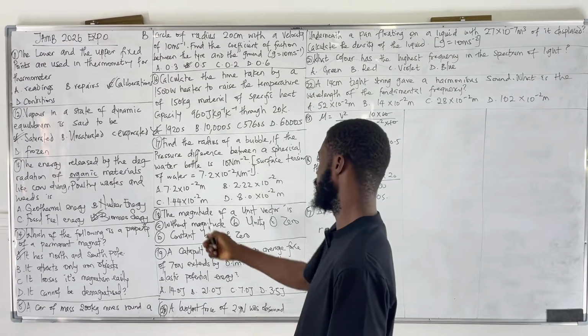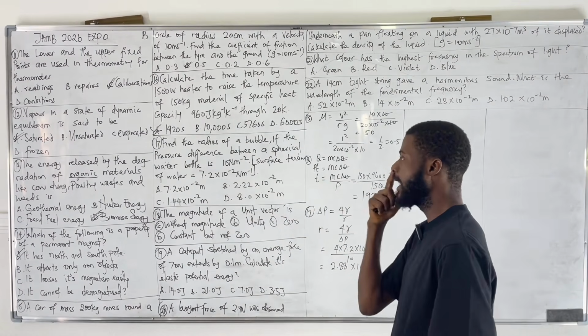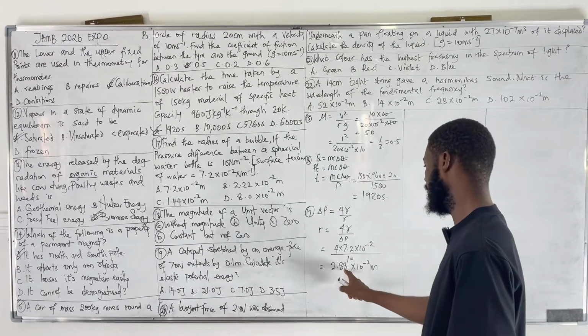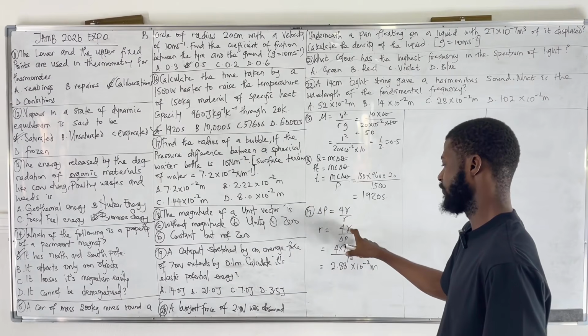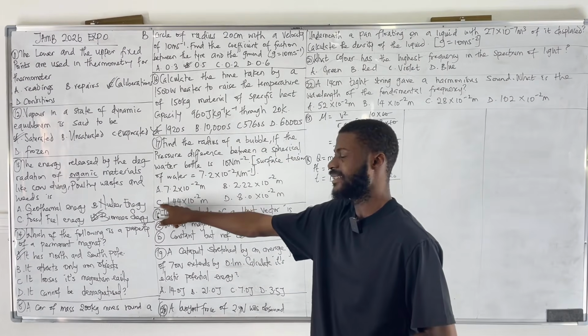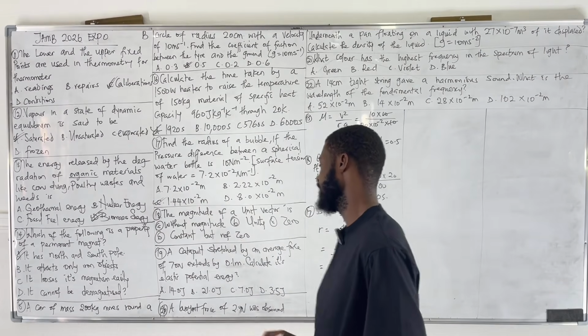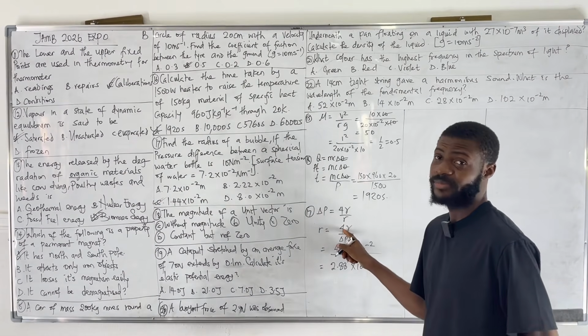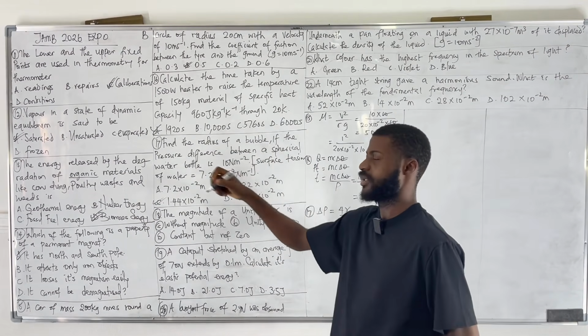But there's no one that's close to that here. The one that would have been close would have been this. But if you look at the scaling of this, if this were to be 2 times the surface tension, the answer would be C. So in fact, I'll be picking C as the answer because JAMB could have made a mistake, but this should actually be 4 because we're talking about a spherical water bottle.